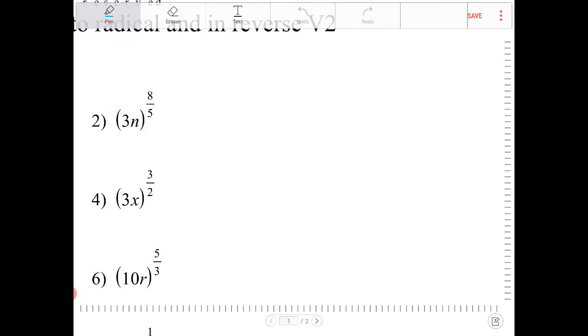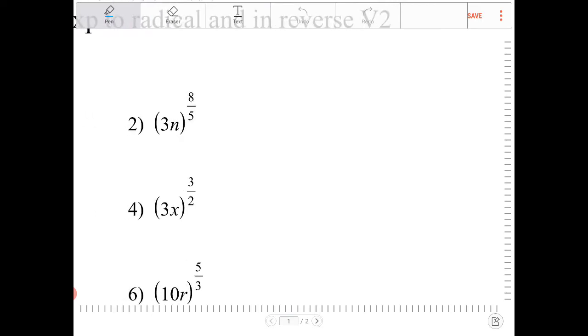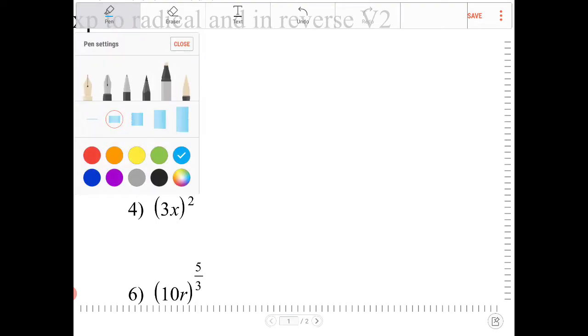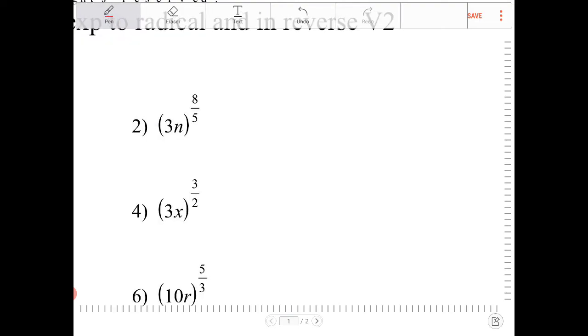So I have the expression 3n being raised to the 8/5. I understand that this is equivalent to, again, there are a couple of different ways that I can write this, the 5th root of 3n to the 8th power.